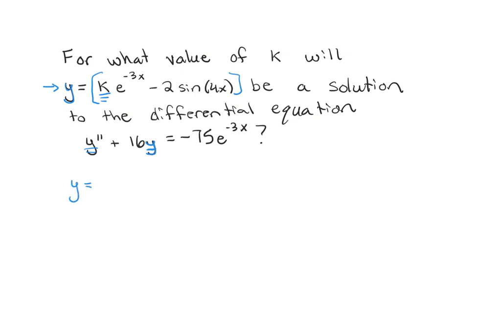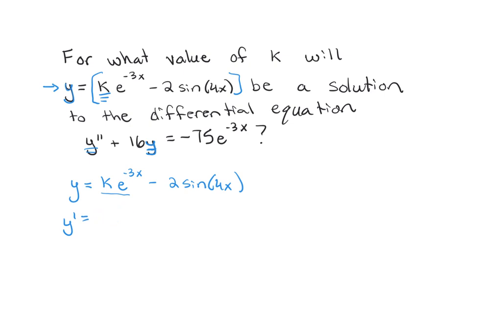So y equals a constant k, e to the power of negative 3x minus 2 sine of 4x. So y prime. Starting out, okay, so the constant follows along. So e to the power of negative 3x, it's chain rule, so times negative 3.